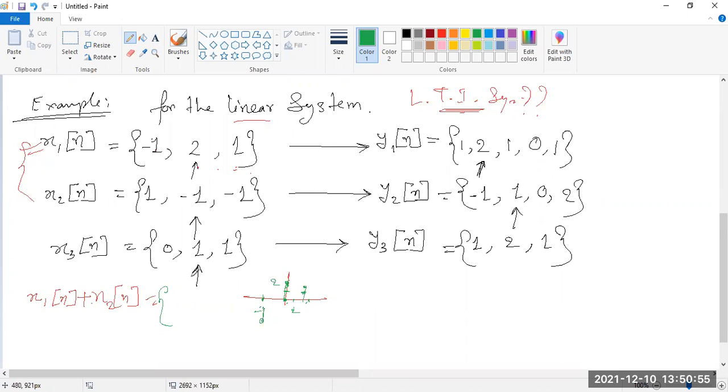But this is x1[n], and if you put x2[n], that is 1, the origin lies at the -1 position. This is 0, this is the origin, and this is 1.